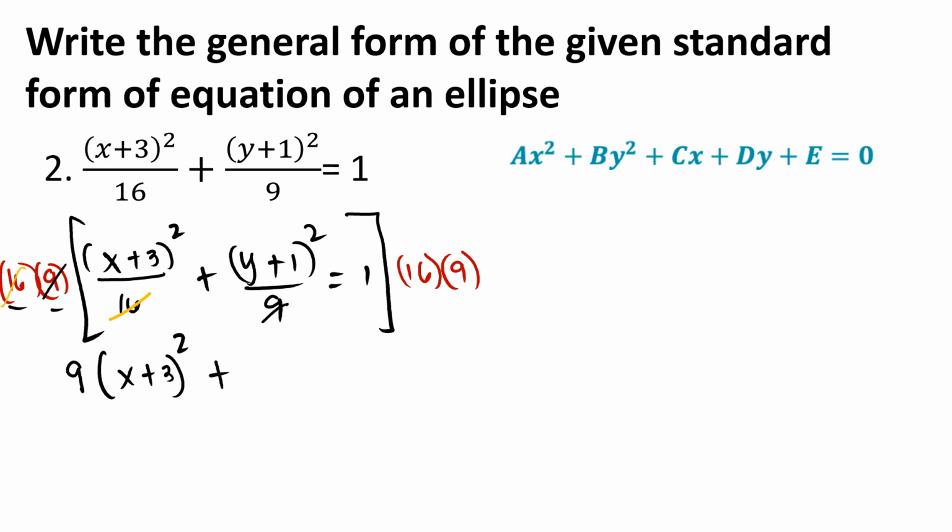So the remaining there is 16, and that 16 will be multiplied to the (y + 1)². And so far, 16 times 9 times 1. So what is 16 times 9? 9 times 6 is 54. 9 times 1 is 9 plus 5 is 14. So therefore, we have 144.